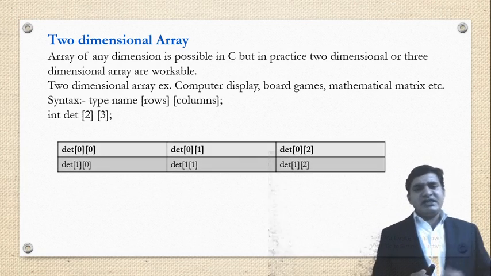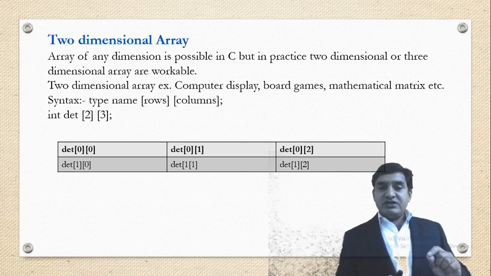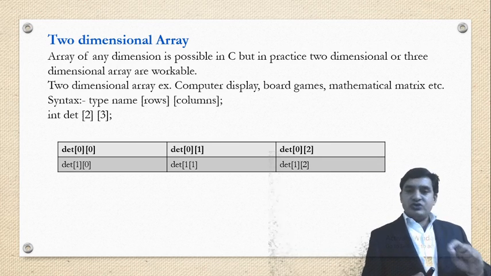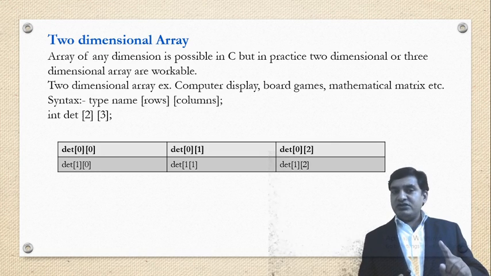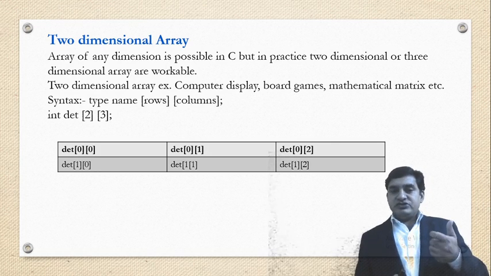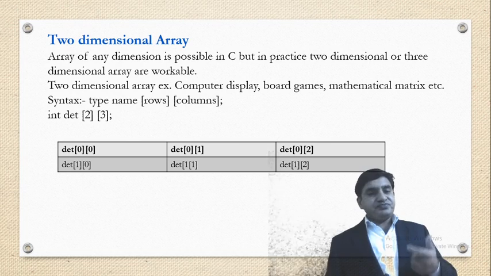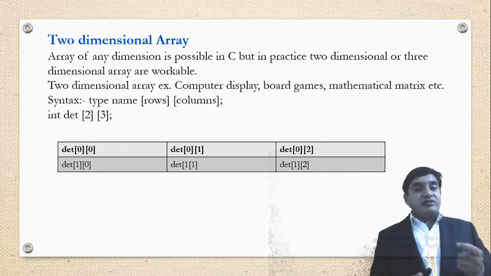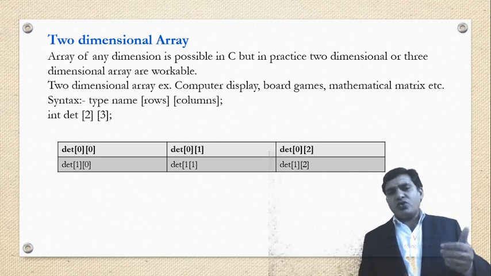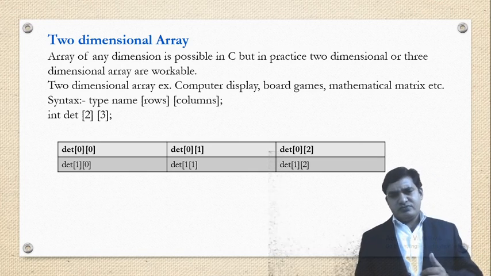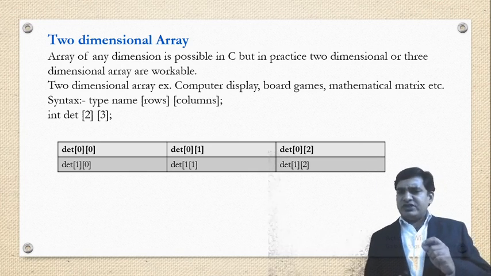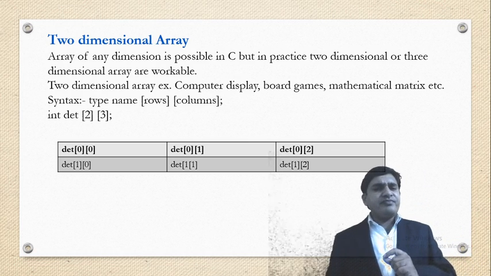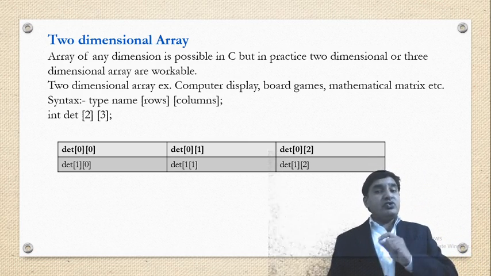The first element is det 0 0. The first 0 represents the row and the second 0 the column. 0 0, next is det 0 1, next is det 0 2.